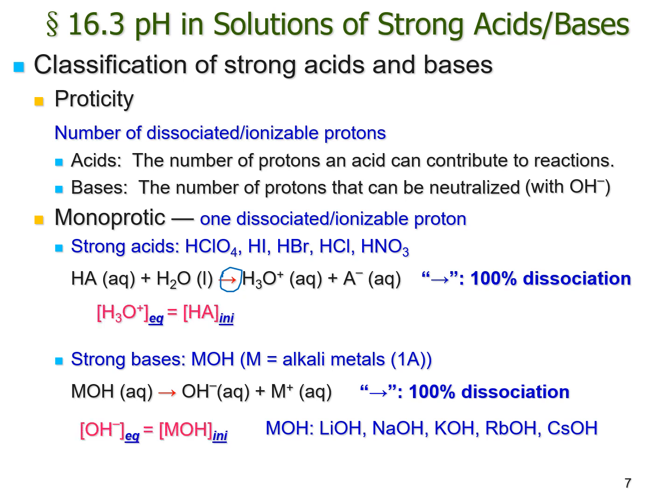So the equilibrium concentration of hydronium for the acid, or hydroxide for the base, will be equal to the initial concentration of this strong acid or strong base. That is very important for us to realize, so we can relate the concentration of acid to the concentration of hydronium or hydroxide in the cases of strong acids or strong bases.